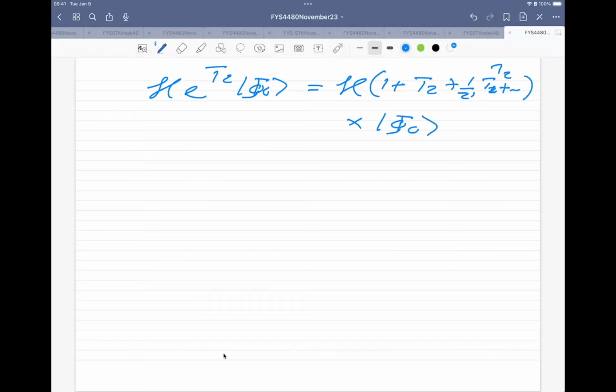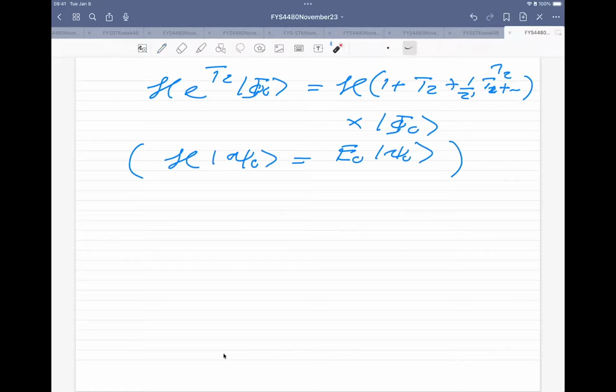Now, what we did next was to take this equation which we have here, which, if you think of full configuration interaction theory, is equivalent to psi 0, the exact function, multiplied with the exact energy times psi 0. And when we set up the equations in FCI, when we built the FCI matrix, we multiplied from the left.